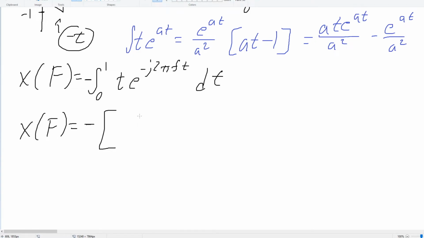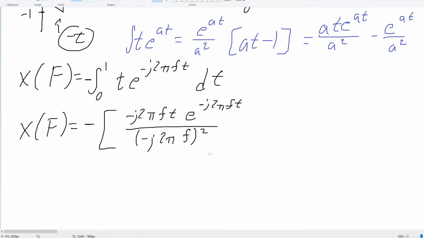So this is going to be negative j 2 pi ft, and this is times e to the negative j 2 pi ft divided by negative j 2 pi f squared.